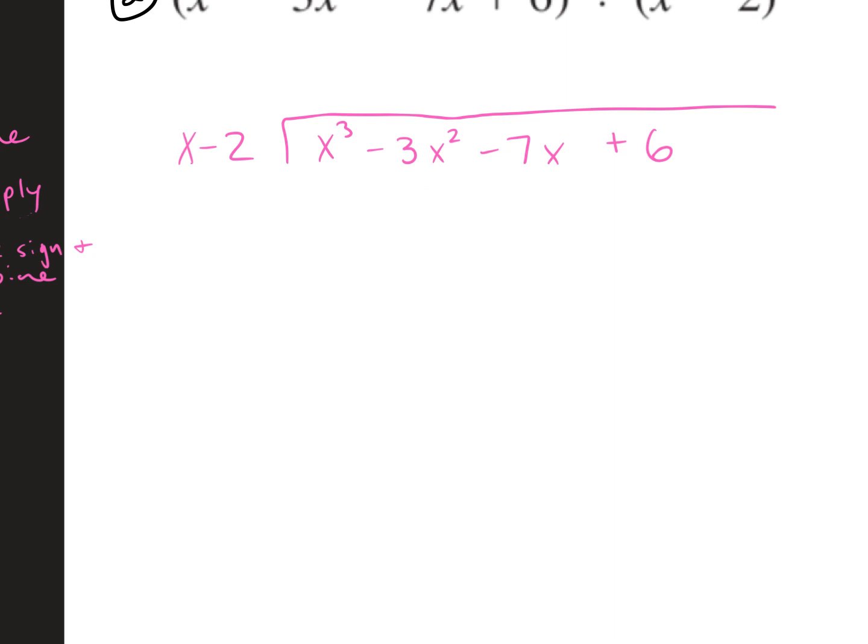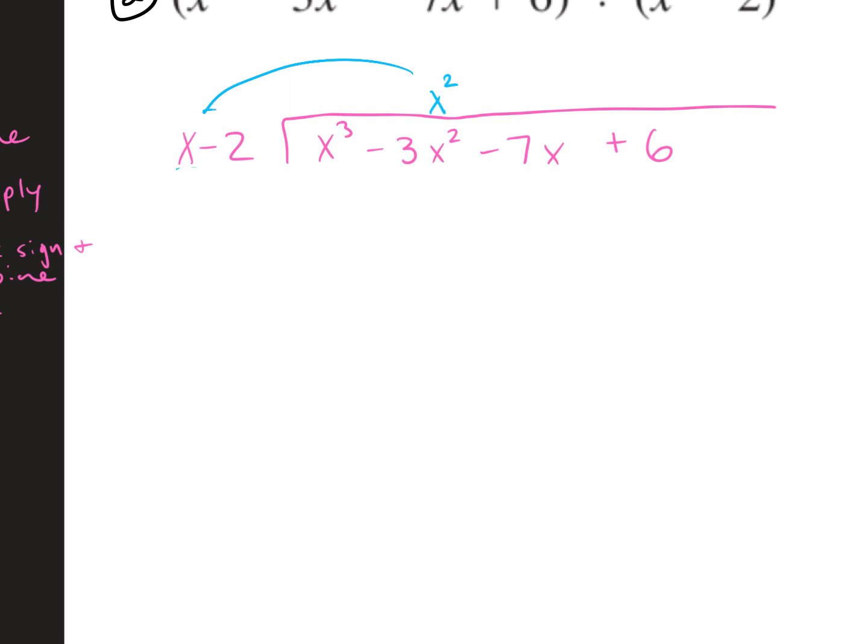All right, so step 1, we divide. We divide the first term by our first term here. So what is x to the third power divided by x? X squared. I'm going to write that on top of my x squared term because we want to keep our like terms in line. After we divide, what's the next step? Multiply.